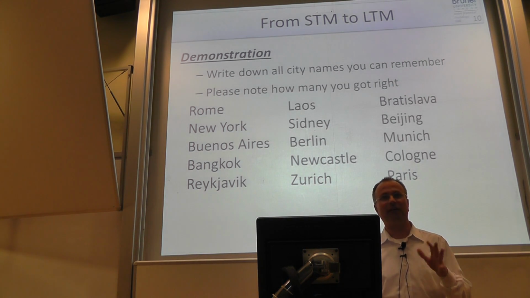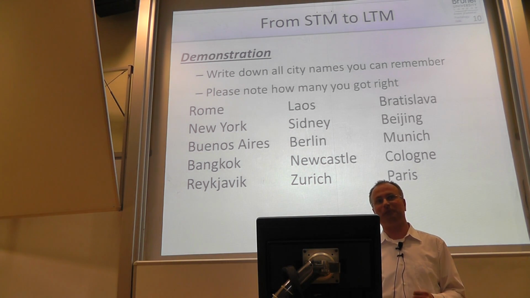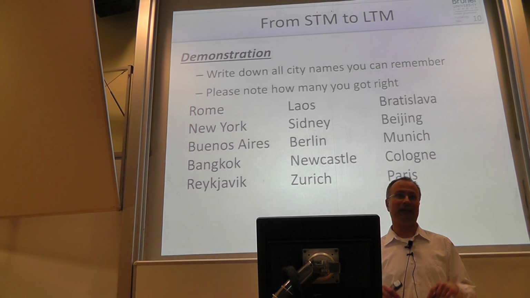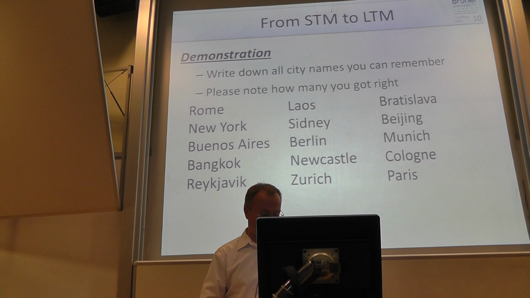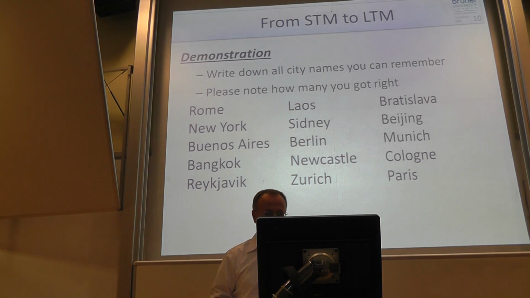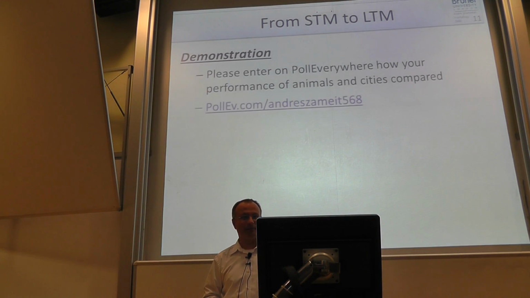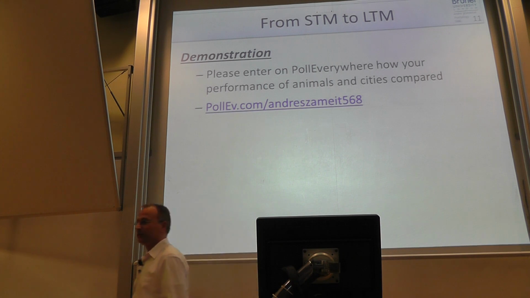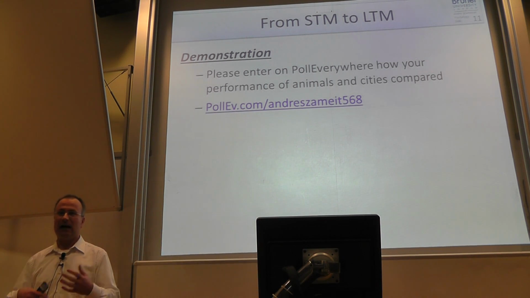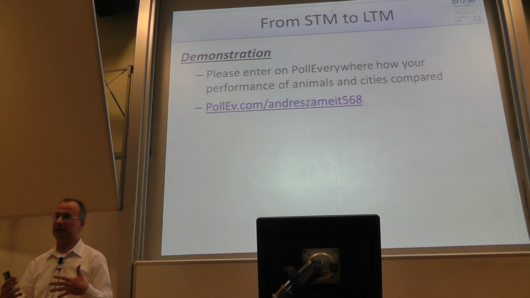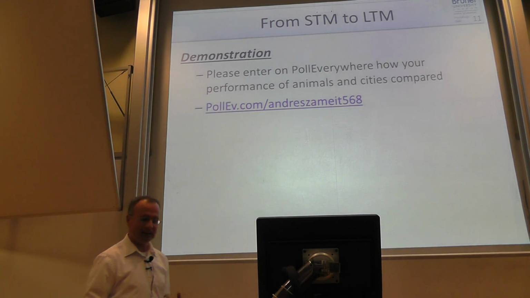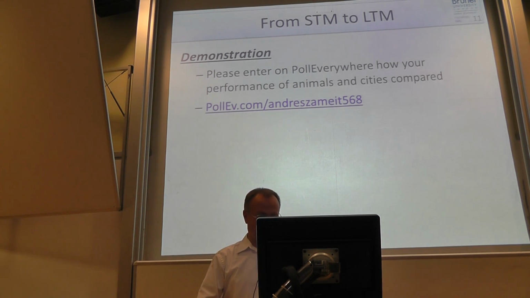If you've done so, that's all right, but please then don't participate in the poll, okay? Please only do that if you really just tried to rehearse it in the first round. So enter in poll everywhere how your performance was. And it asks how many more animals or cities you had as compared to the other category. So one category was better than that.